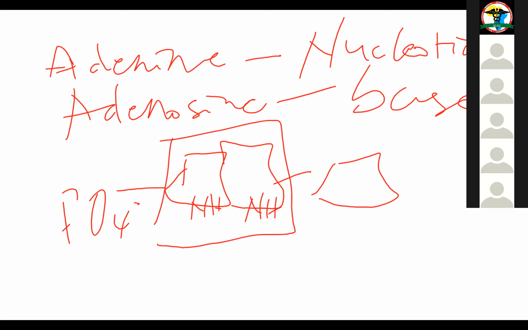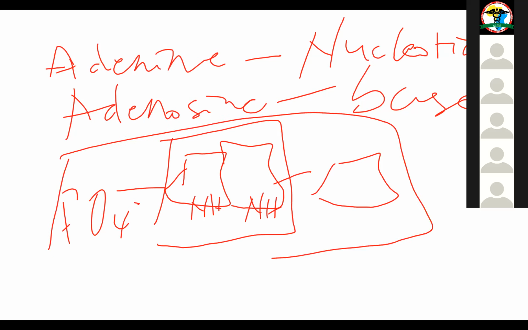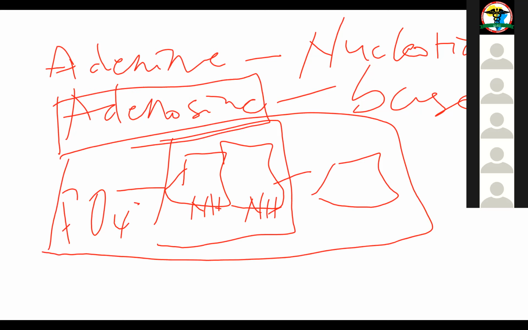So this structure, adenine, is what is found in the DNA, not adenosine. Adenosine is the base, of course it's part of it, but it is attached to the sugar and the phosphate, and together it's called a nucleotide. Together, these three structures are called adenine. But when you remove everything but the base, it's regarded as adenosine. Do you guys understand?